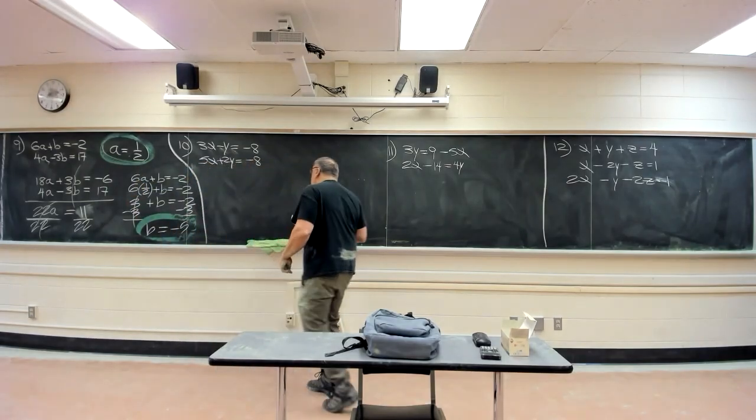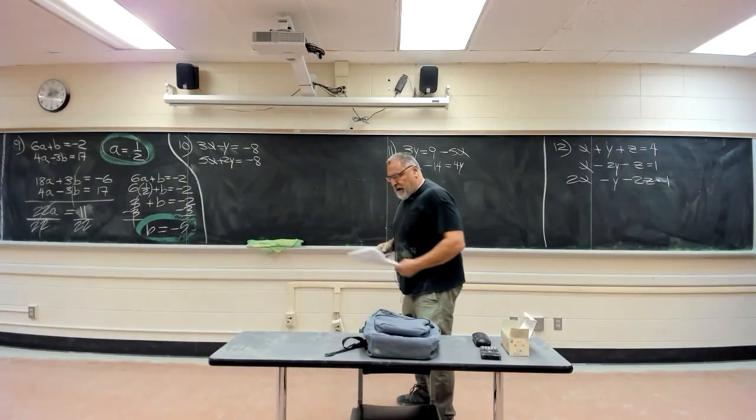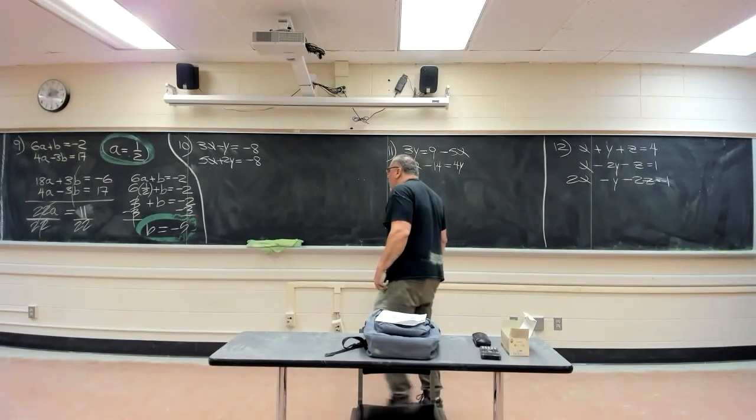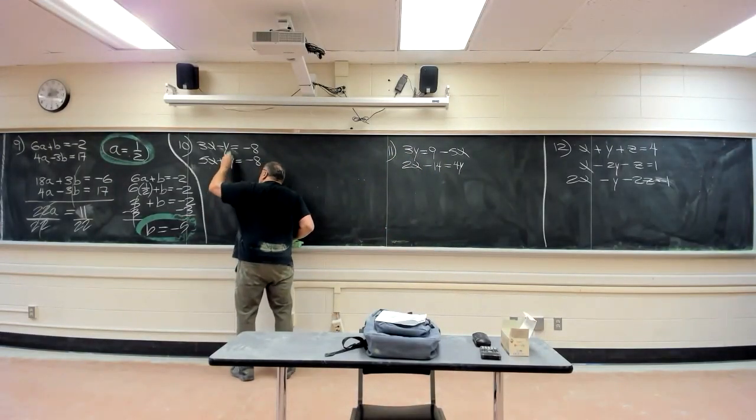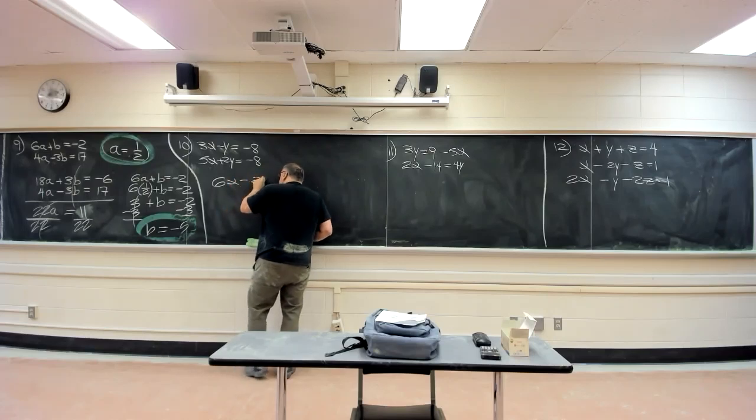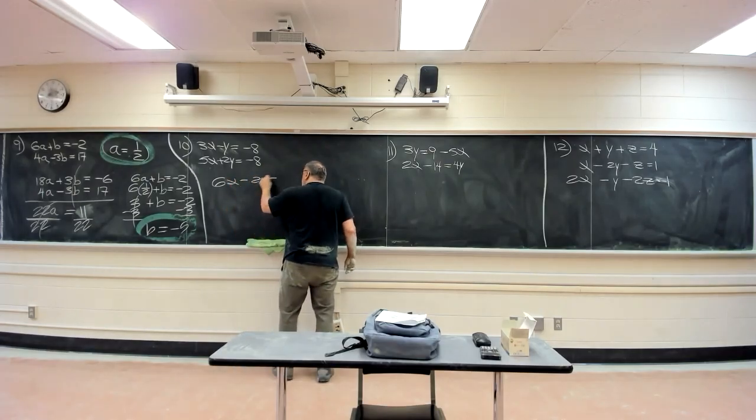That's not an issue. Same kind of arguments going on right here, you guys. Let's get rid of the y's. It just seems like the easiest way to go. Here's a 2y, here's a negative y. Multiply the top by 2 all the way across. 2 times 3x is 6x. 2 times negative y is negative 2y. 2 times negative 8 is negative 16.